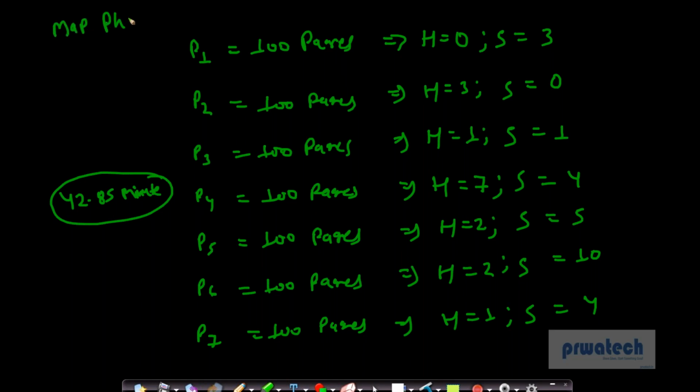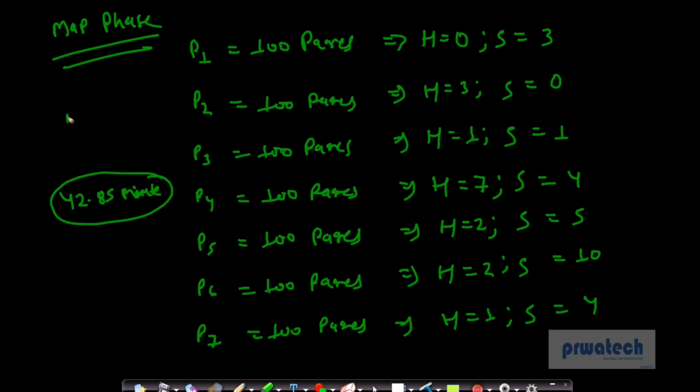a map phase. This is how your mapper works individually. They occupy one CPU, okay, and based on their data availability, data locality, they start processing individually. Once P1 to P7 is done, somebody has assigned this task to these people.